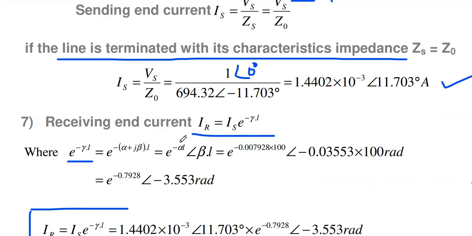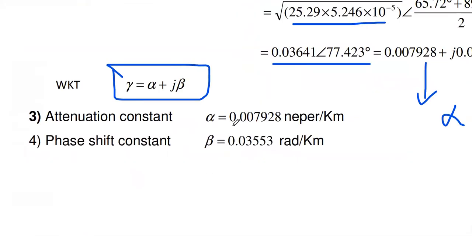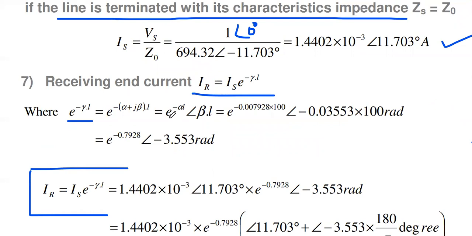Here you substitute the alpha value and beta value. Alpha is the attenuation constant and beta is the phase constant. What did we derive? Alpha is 0.007928 and beta is 0.03553. So you substitute these values.